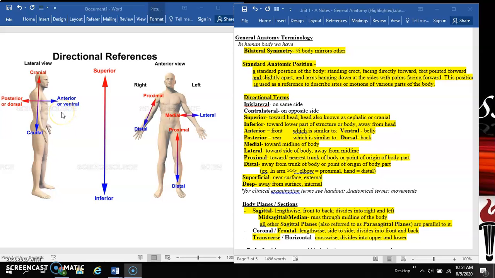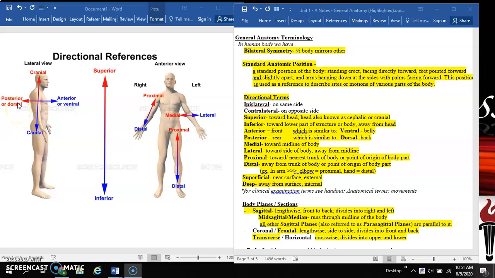But in a standard anatomical position, the belly is in the front. And that's going to be different than if you had a fish or a cow or something like that that is oriented lengthwise. The belly would be on the lower side and the anterior would be toward the head. But on a human, it's not that way.